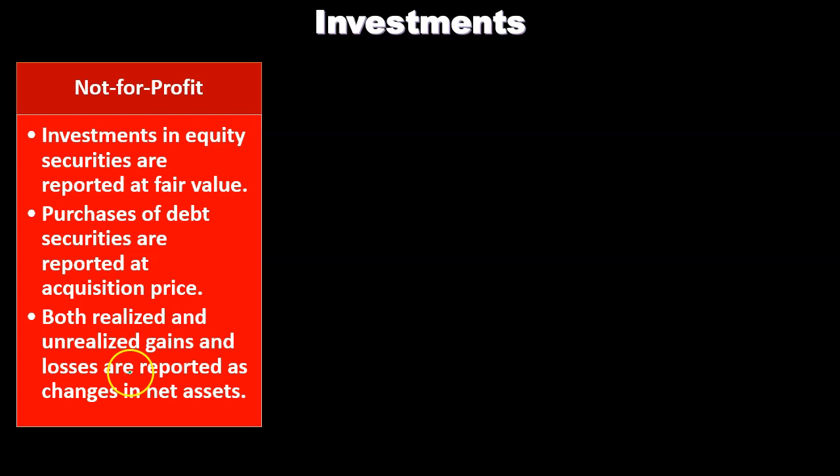When it's unrealized, that's usually when the question happens, because we didn't actually make a sale, but we are going to adjust the asset to its current value, and therefore have to recognize an unrealized gain or loss somewhere, and here it's going to be reported as changes in net assets.